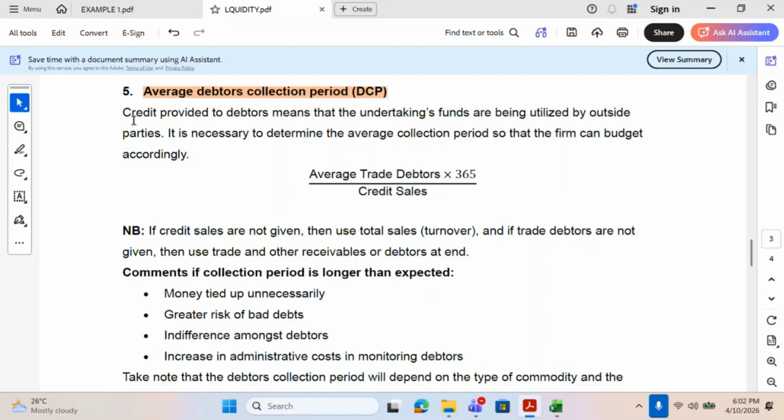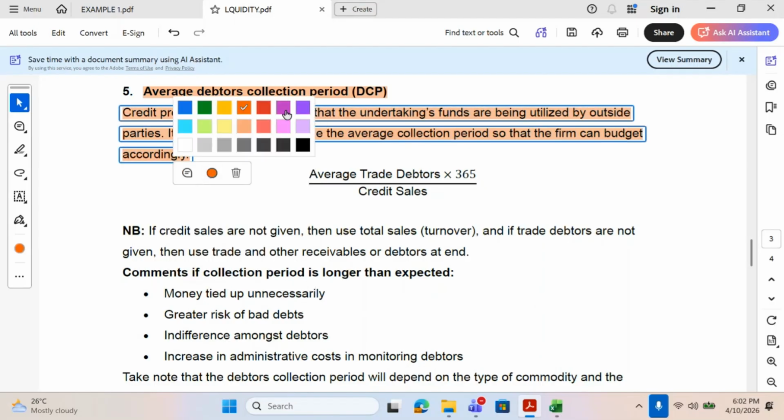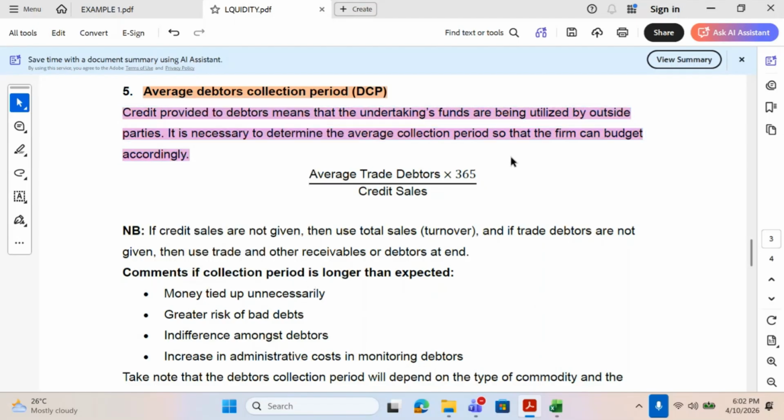So now here what they're saying is that credit provided to debtors means that the undertaking's funds are being utilized by outside parties. It is necessary to determine the average collection period so that the firm can budget accordingly. What we're saying here is that the money that is sitting with debtors, this is the cash that we should be using for our operations in our business.